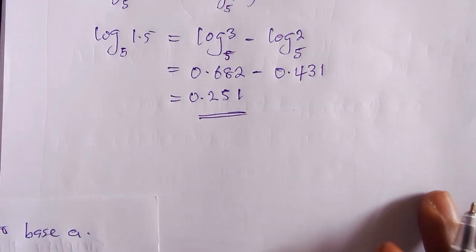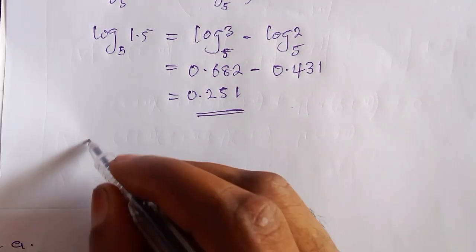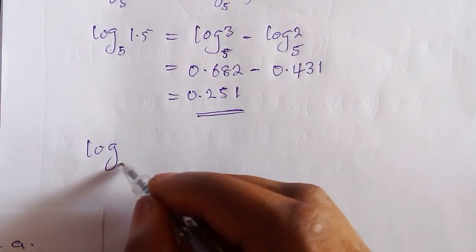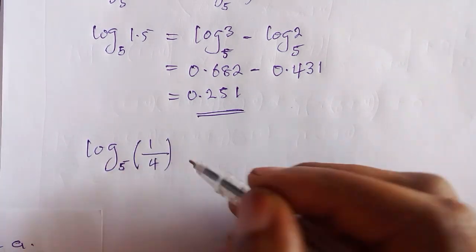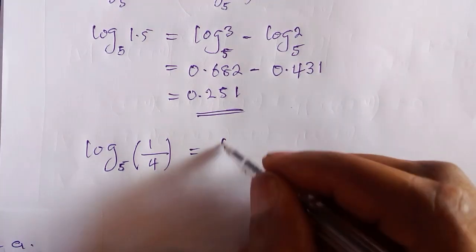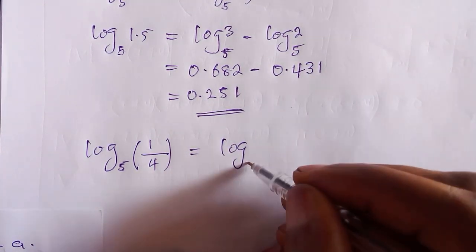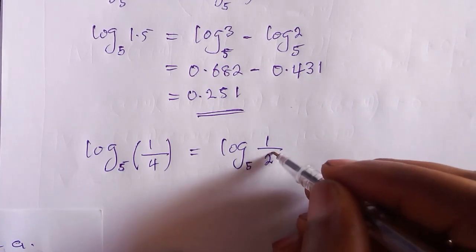We are going to proceed to do the second one, which is log to the base 5 of 1 over 4, and this gives us log to the base 5 of 1 all over 2 squared.